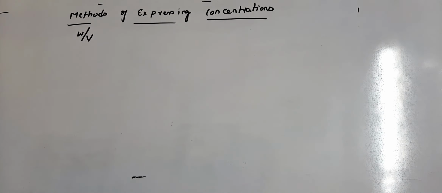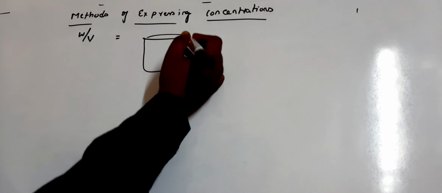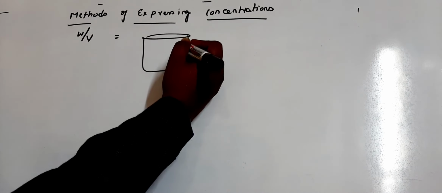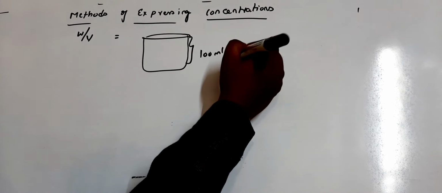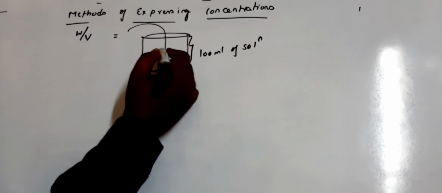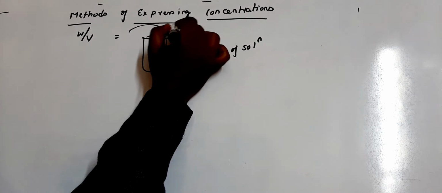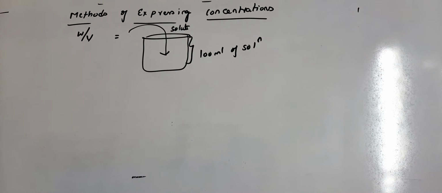It means the mass of the solute which is dissolved in 100 ml of the solution. This quantity is 100 ml. Now, how much mass of the solute is dissolved?